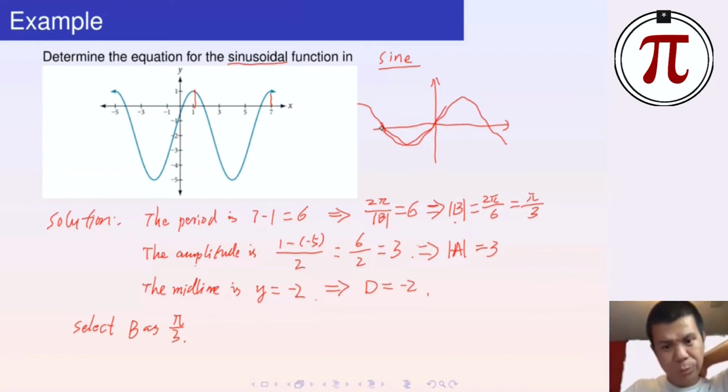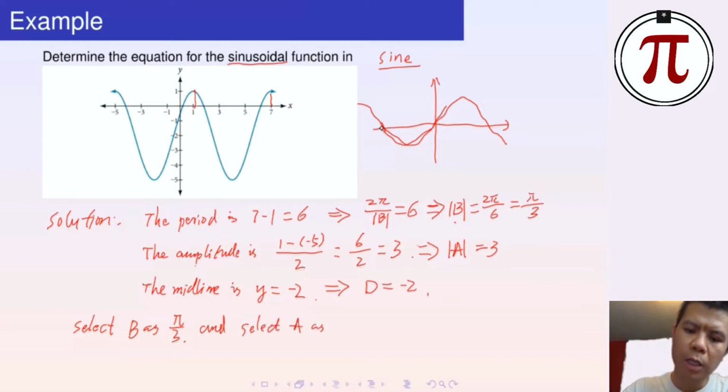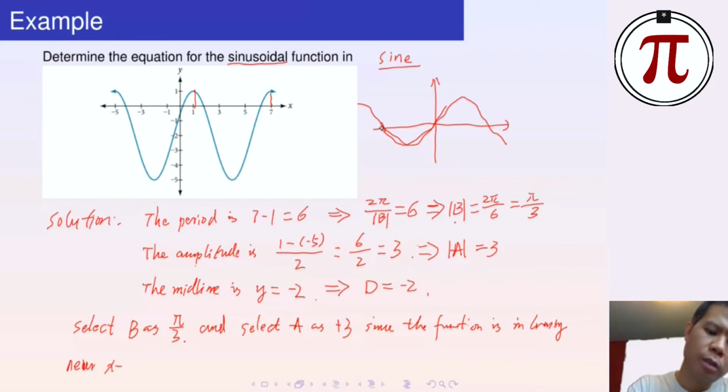Around 0 it is increasing, so we may choose a as positive 3, since the function is increasing near 0. Around x equal to 0, it is increasing.